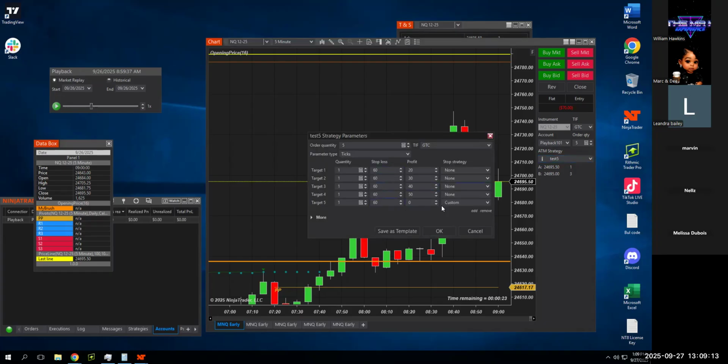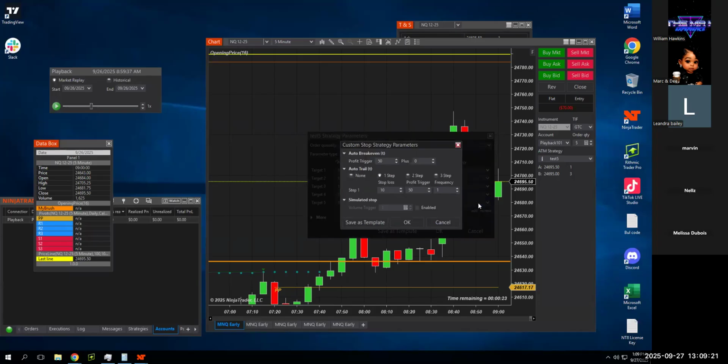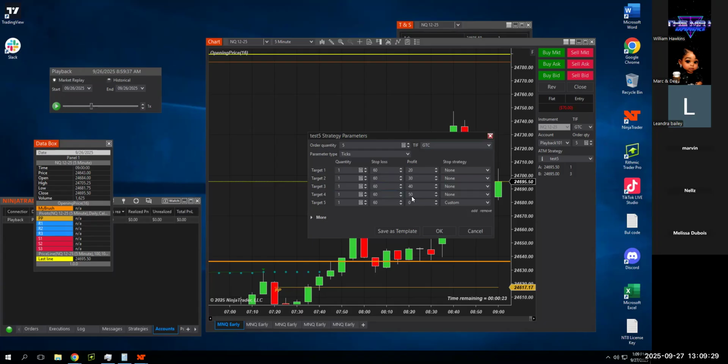But yeah, there's that ATM strategy again. And you could always add different variations of this. So if you do want to use minis, with a 50K account you could do two contracts on minis.